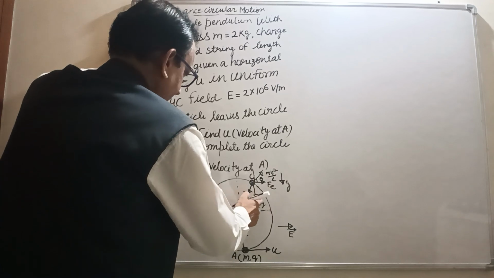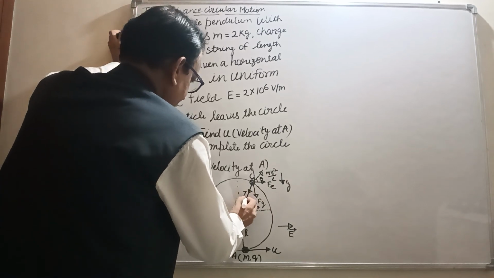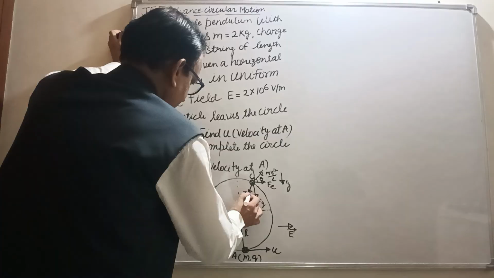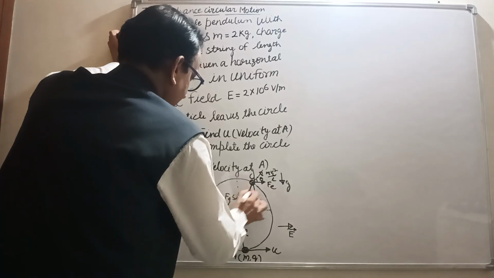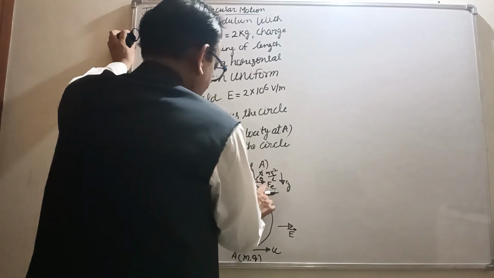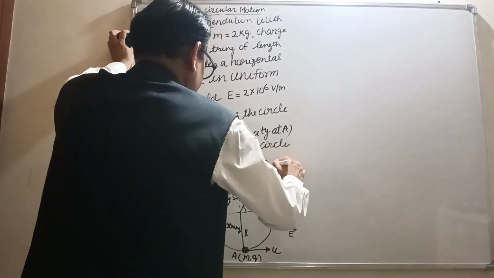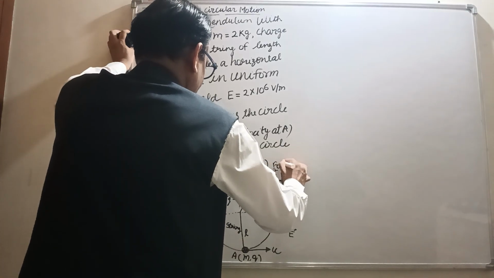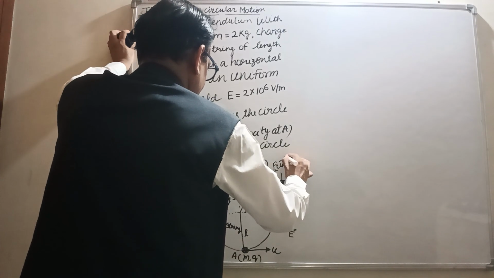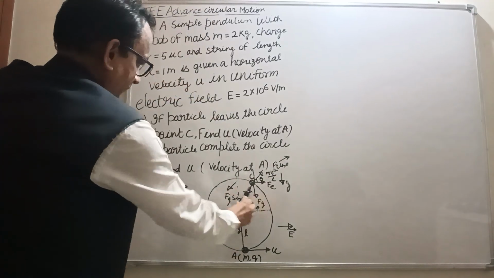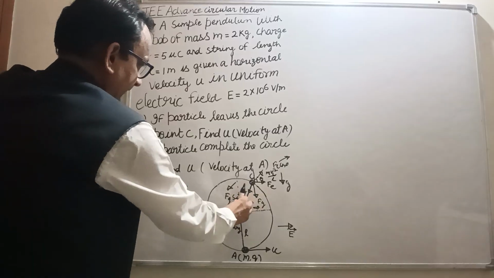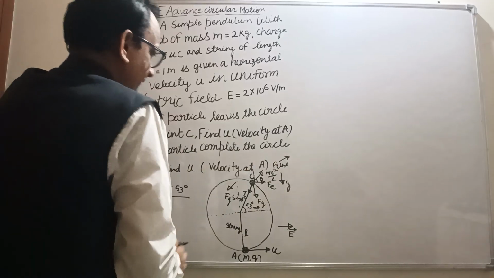To resolve this Fg in this direction, this is the tension at C, so the component in this direction would be Fg sin theta, and resolving the force in this direction, this would be Fe cos theta. This would be mg sin theta, and this would be Fe cos theta.